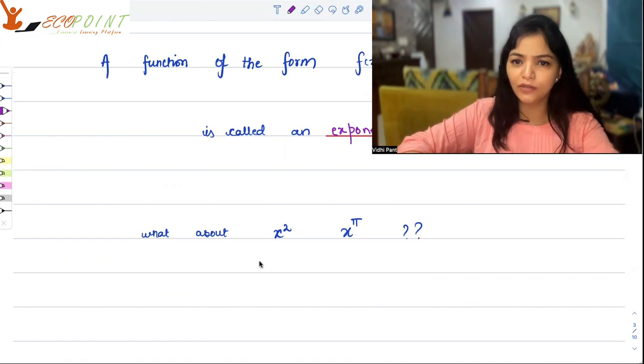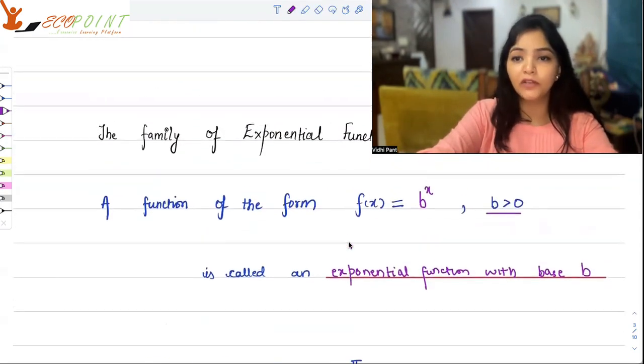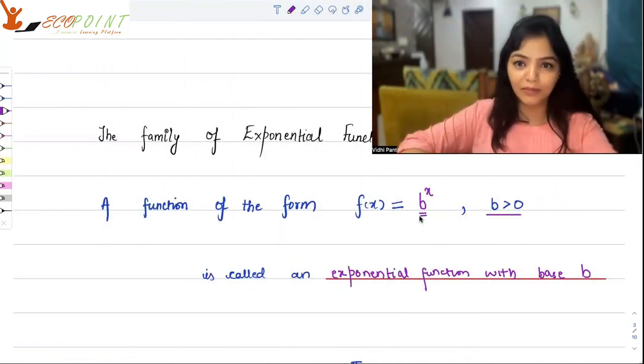Are these also exponential functions? The answer is no. This is a polynomial, some power of x. When you're talking about an exponential function, you have a fixed base. The power is the variable. And that's how the family of exponential functions gets created.